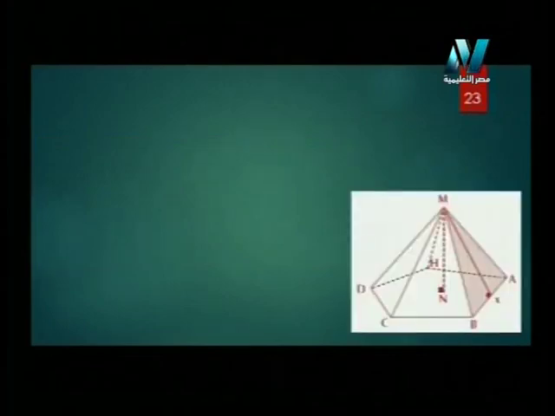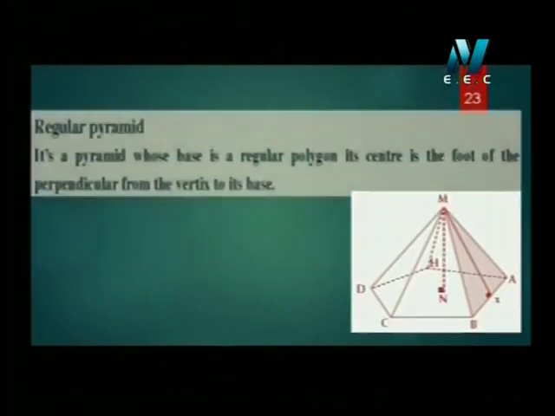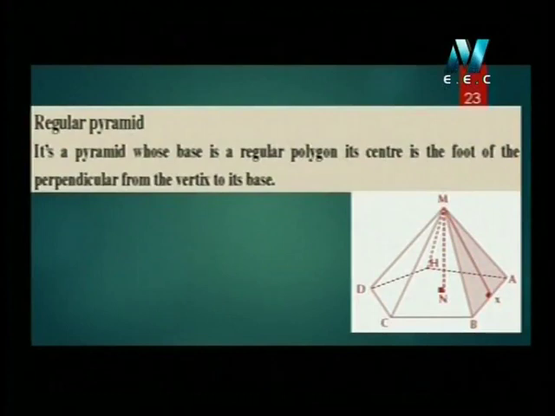We have the pyramid here, which is pentagonal. We have a regular pyramid. What is a regular pyramid? It's a pyramid whose base is a regular polygon, and its center is the foot of the perpendicular from the vertex to its base.